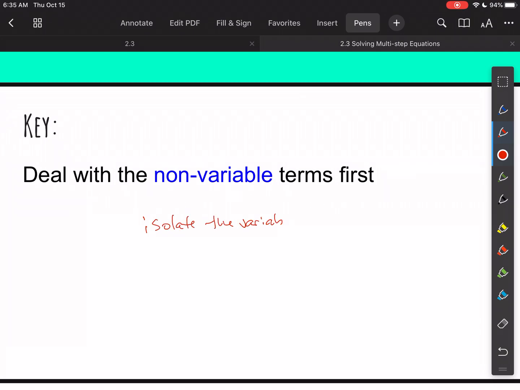By dealing with the non-variable stuff first, meaning if I have like 2x plus 3 equals 19, we're going to deal with the non-variable piece first. We're going to try to take care of this guy in order to get the variable term by itself. We're really trying to isolate the variable. That is the big idea.